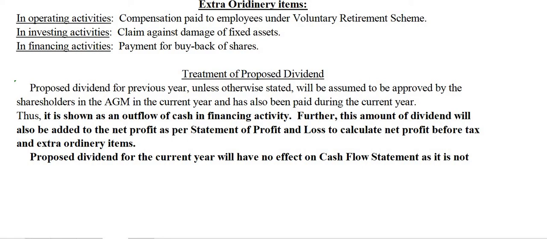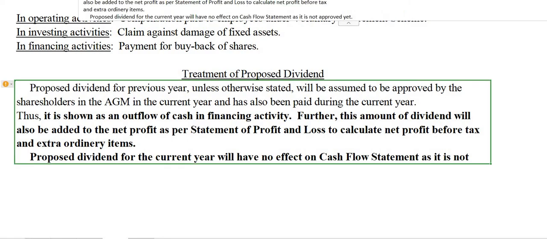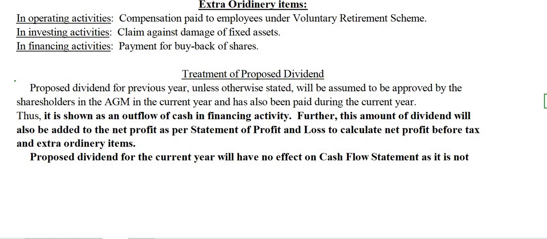So that's why it is an outflow of cash in financing activity. The dividend proposed for the last year should be paid now. So it's a financing activity. Dividend is paid for shares, so shares come in financing activity. So it should be an outflow of cash in financing activity because we are paying the money out.